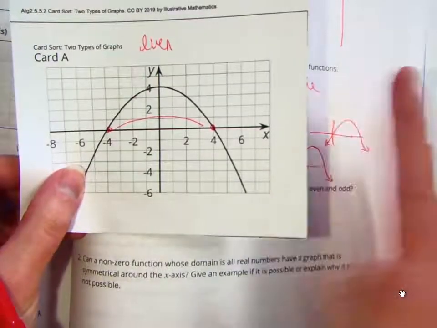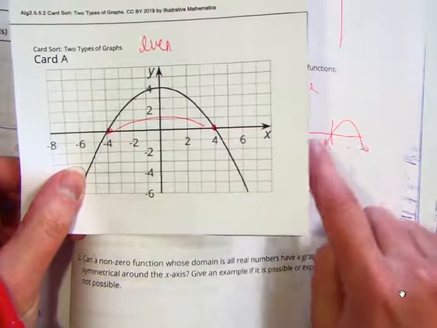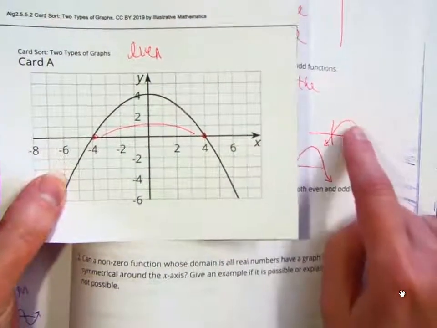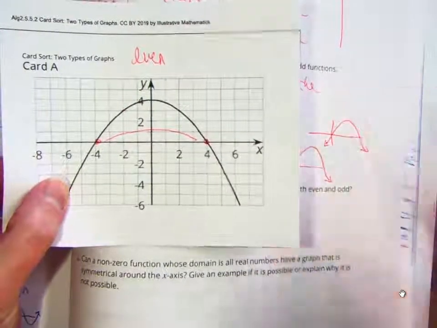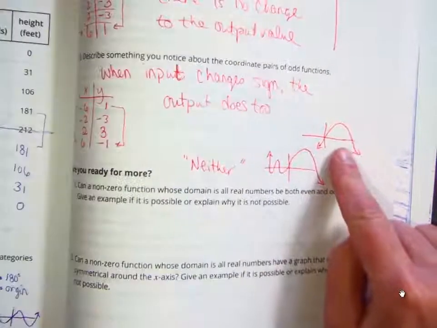If I reflect that over the y-axis, the vertex is going to be at a negative value, in a whole different place. So this would also be a neither.